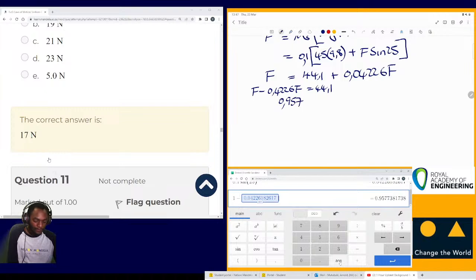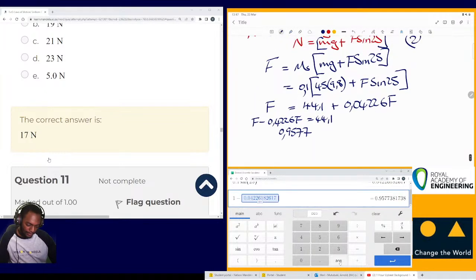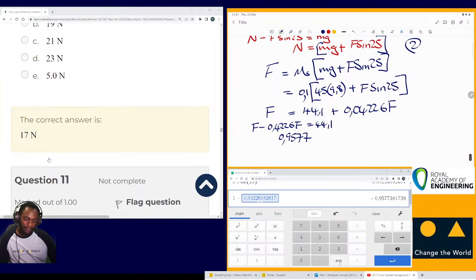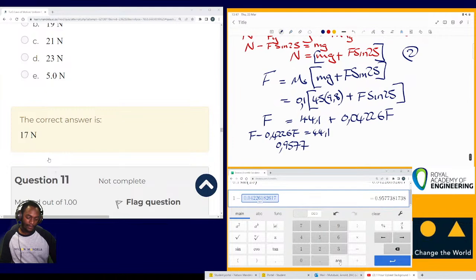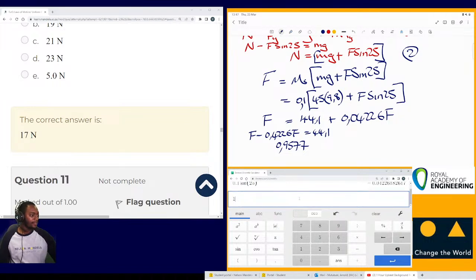I think you made a mistake there. When you took it over to the other side, you said 0.4 instead of 0.04. Okay, so if you multiply 45 by 9.8, what do you get? This is what I did.